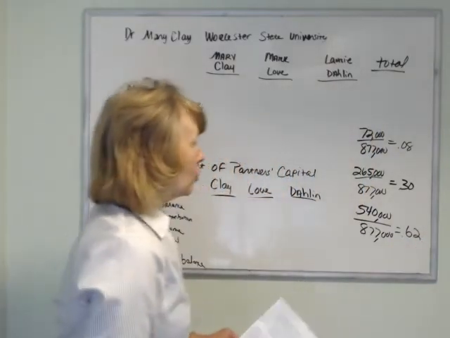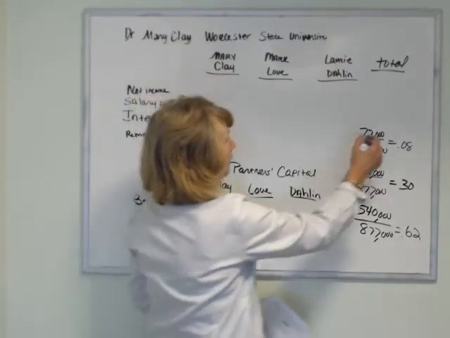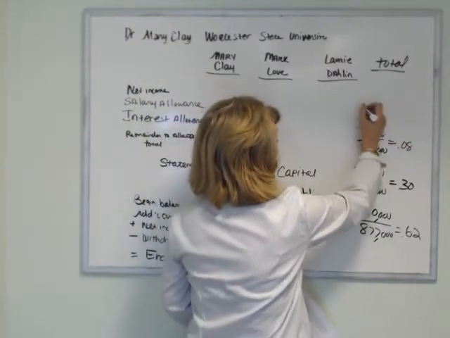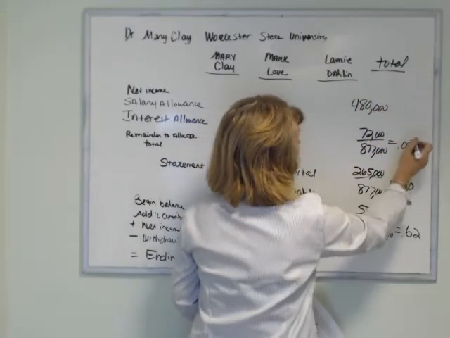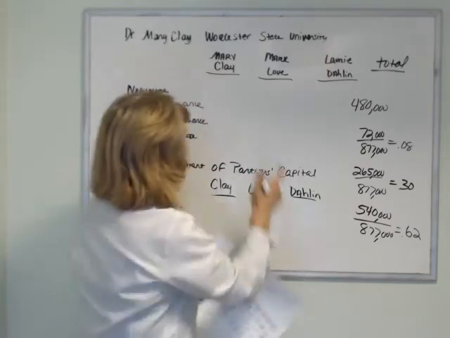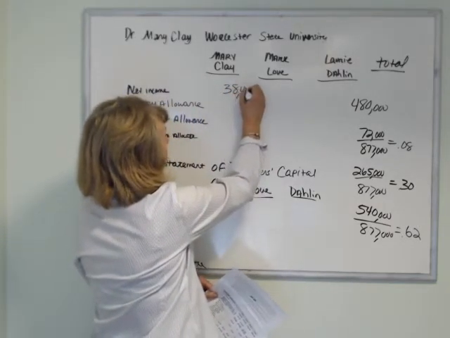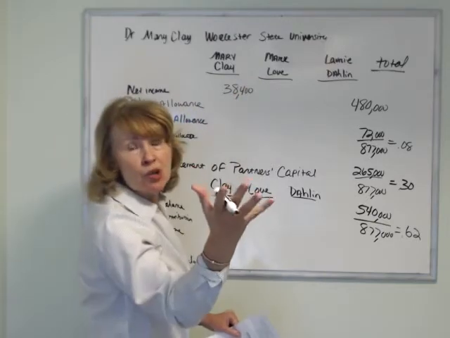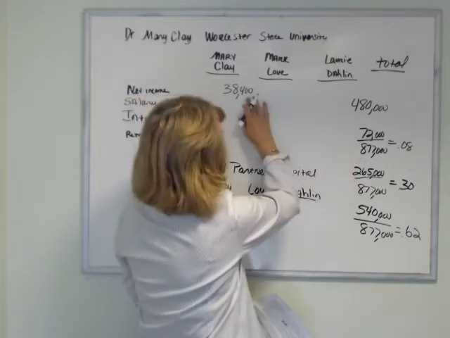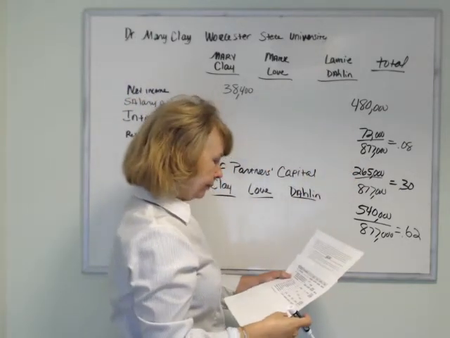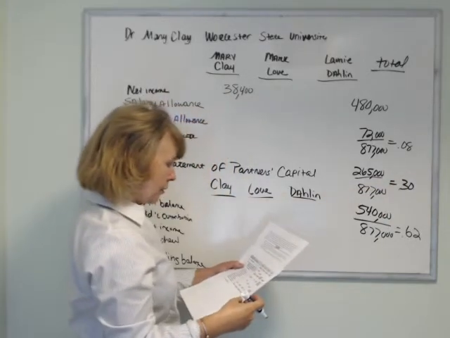All right, so all you do is you take the net income. For Clay, you would take 480,000 times 0.08. So Clay would get 38,400. I'm just trying to, as you can see, I have a small board, so I have to show you. So Clay would get 38,400. Love, you would take the 0.30 times the 480.